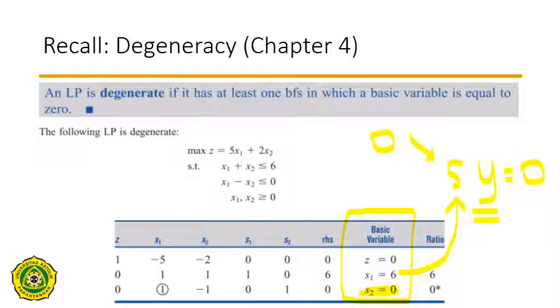However, if there is degeneracy in our basic feasible solution, like in this example where s2 equals 0, then we cannot say whether y2 is 0; y2 can also be non-zero, right? That's why complementary slackness cannot be used in the previous example.